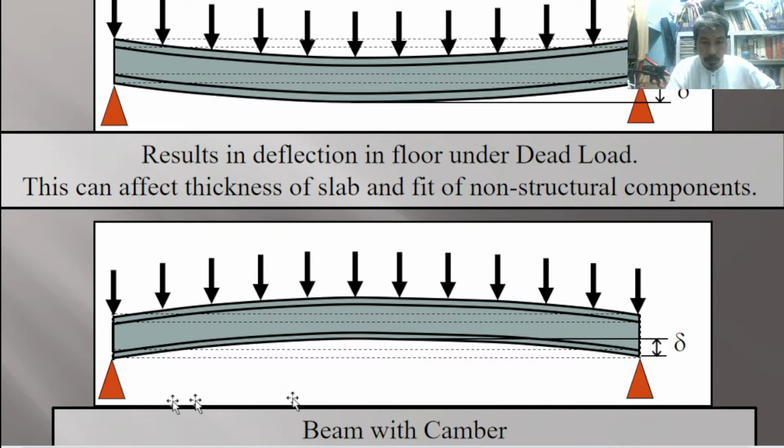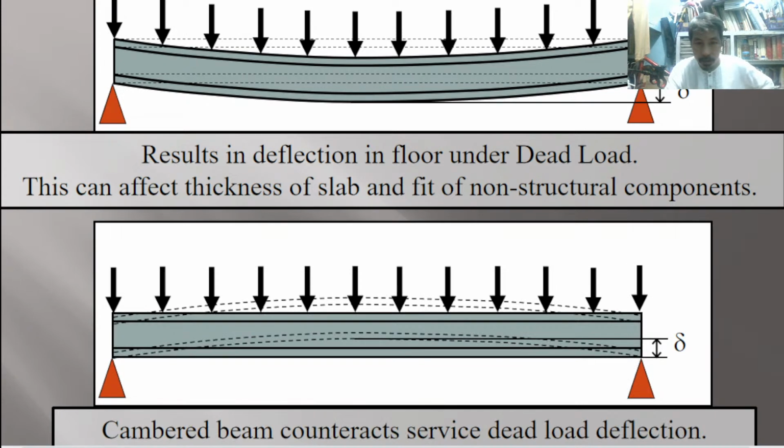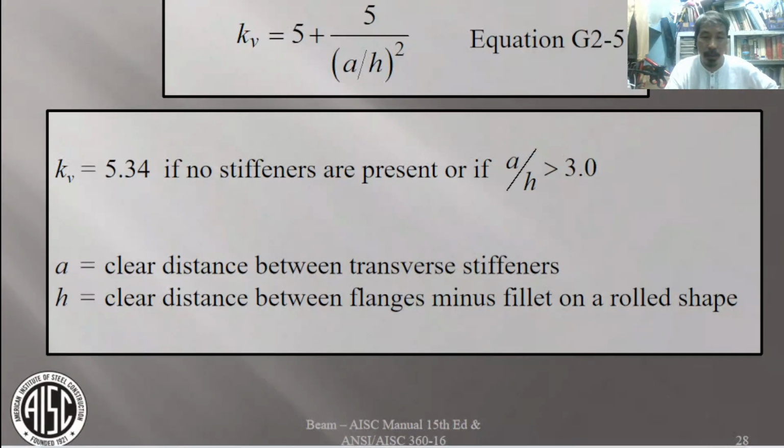If the beam camber is at maximum load, we have what? It is a straight line now, because of the camber. That is our camber, the countermeasure against deflection.